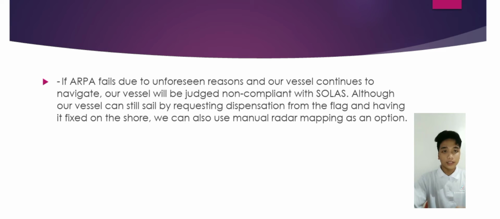The next is the automatic radar plotting aid, or ARPA. A marine radar with automatic radar plotting capability can create tracks using radar contacts. The system can calculate the tracked object's course, speed, and closest point of approach, or CPA, thereby knowing if there is a danger of collision with other ships and landmass.